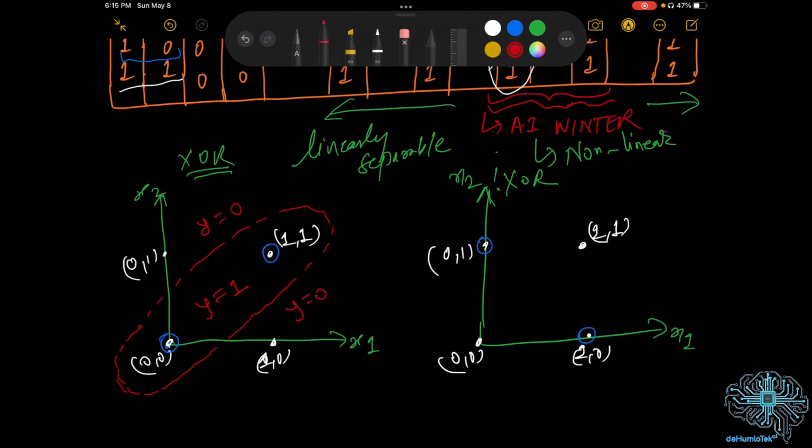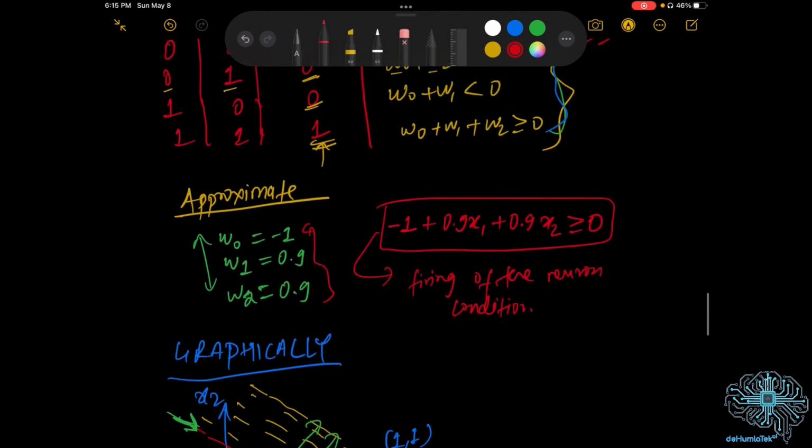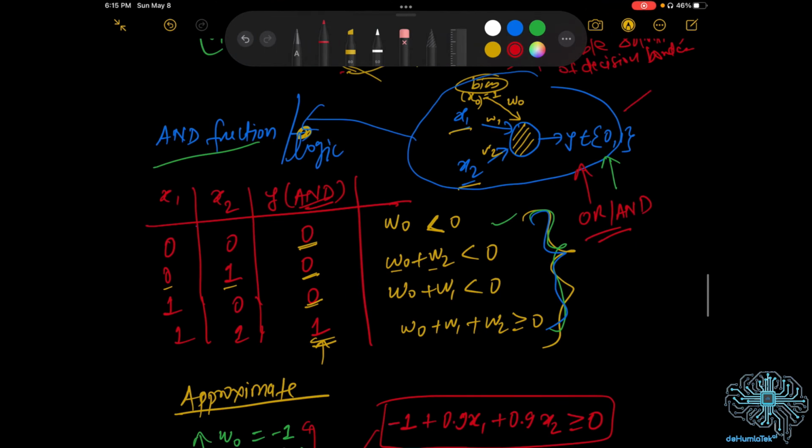So we have to come up with some kind of non-linear decision boundary that separates the region where the neuron will fire and the neuron will not fire. This is the reason that a single neuron is not capable of finding the nonlinear decision boundary.